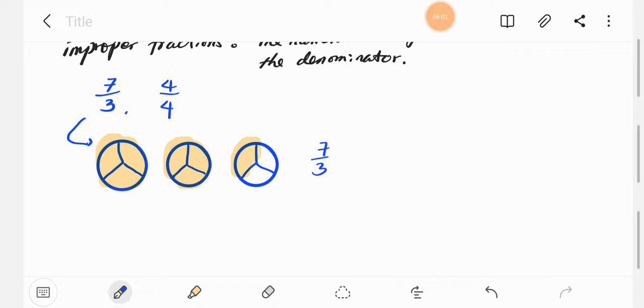Get it? As whole pizzas, there are 2 pizzas and 1/3. So this is equivalent to 2 pizzas and 1/3 piece of pizza. We can write it as 2 and 1/3.